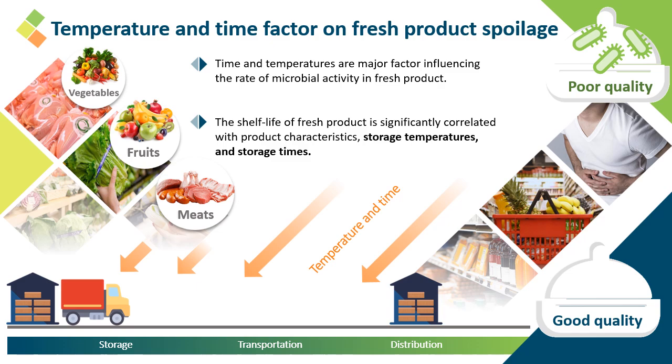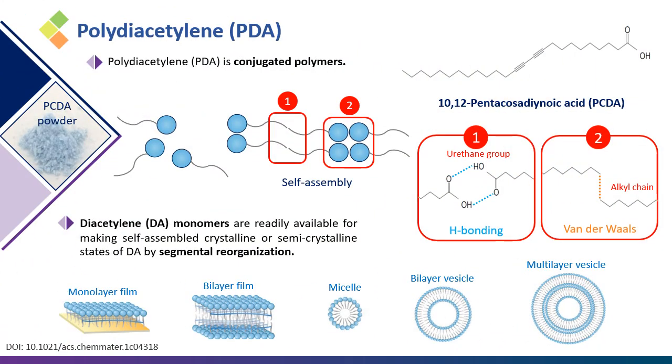In the previous study, the polydiacetylene or PDA was the most widely used color sensing component for the film formations on the time temperature indicator and reveals a significant color change from blue to red depending on the time and temperature in testing.